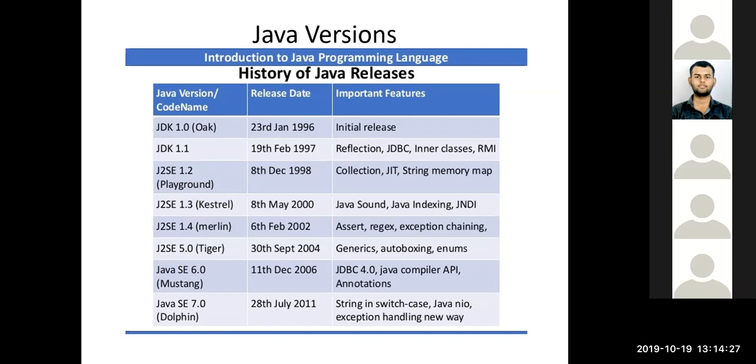Like in C, we had linked lists, vectors, doubly linked lists, singly linked lists, queues, stacks. With the help of collections, we can do implementations of those. Also from 1.2, JIT came, and the string memory map was implemented.